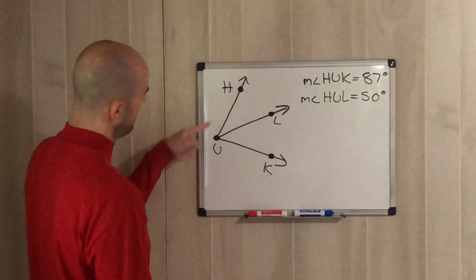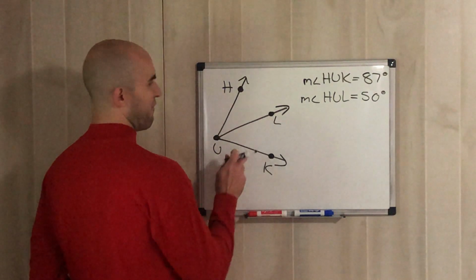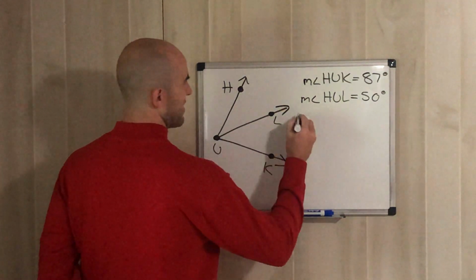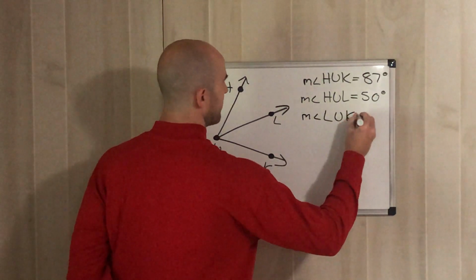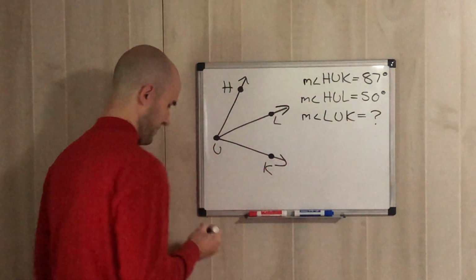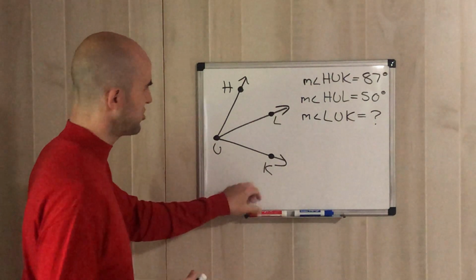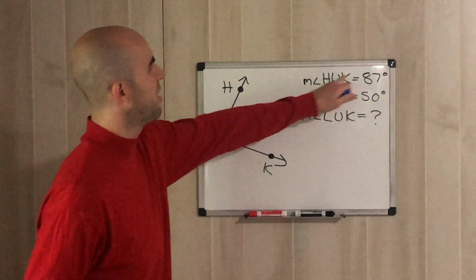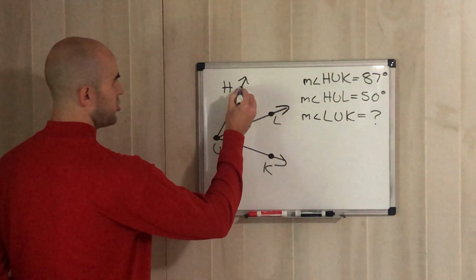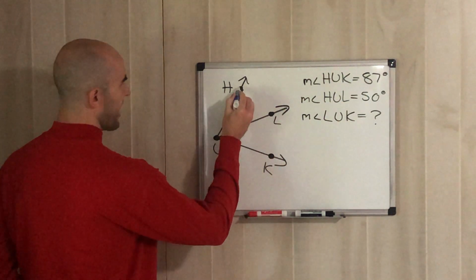So HUL is 50. The one that I want to find is this one right here. I want to find the measure of angle LUK. That's what I want to find. And again, sometimes it helps just to actually see the numbers written in there. Let's see what we know. We know HUK is the whole thing, right?